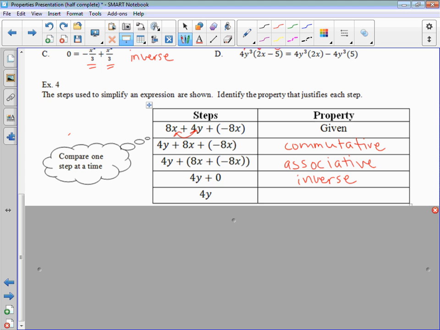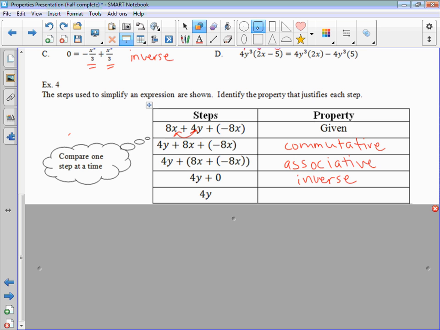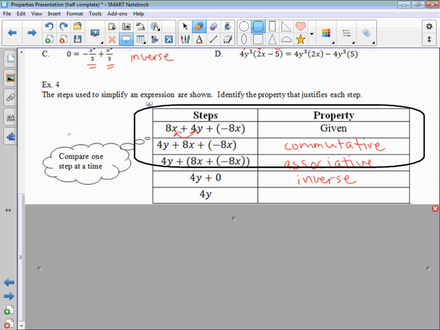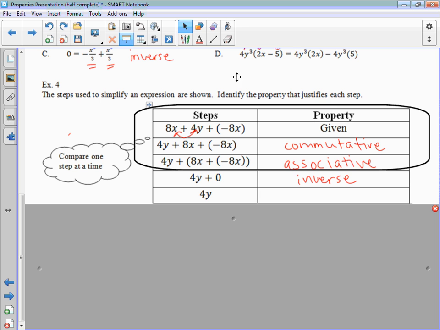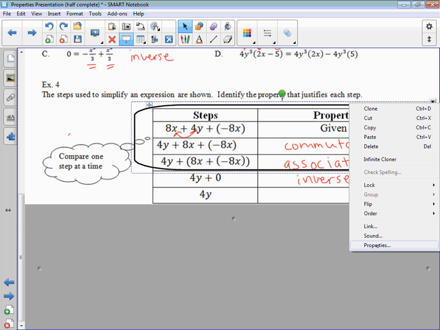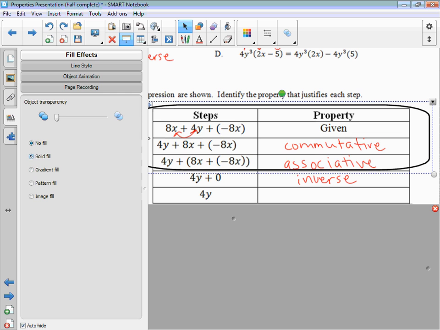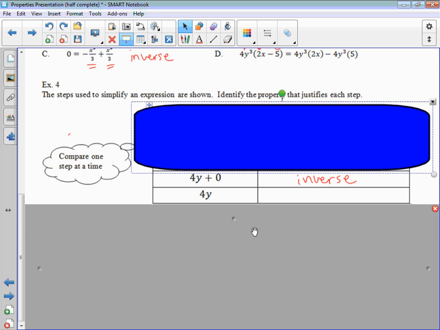Last one. Again, just focus on the bottom two. What changed?